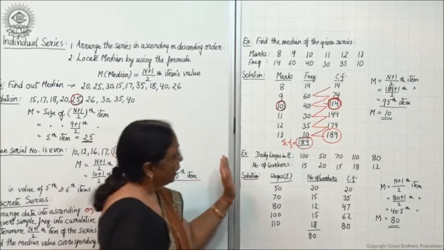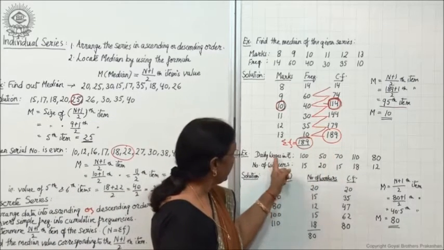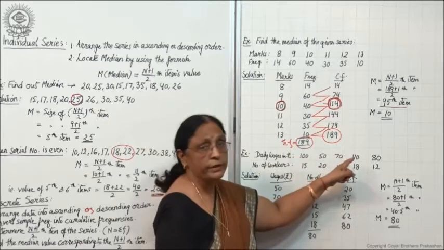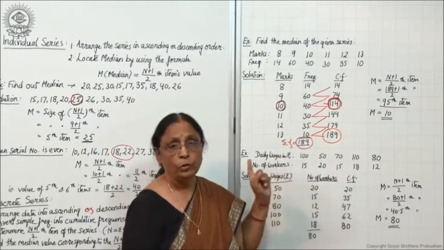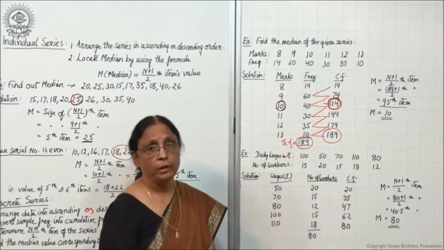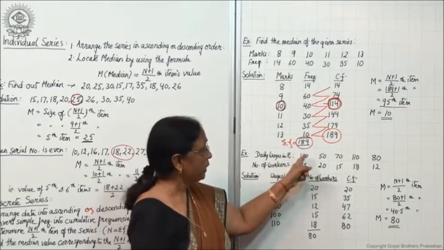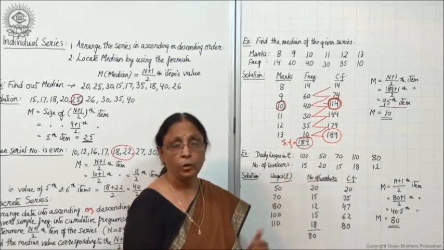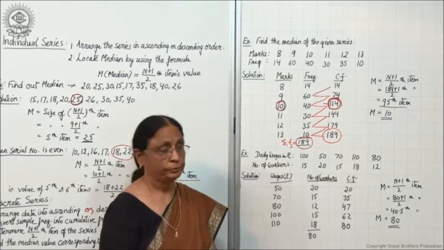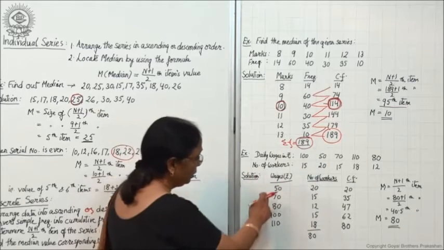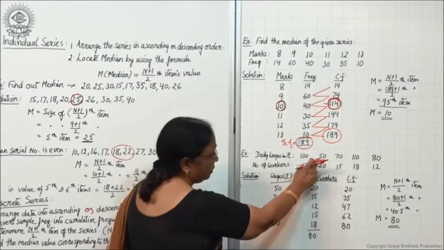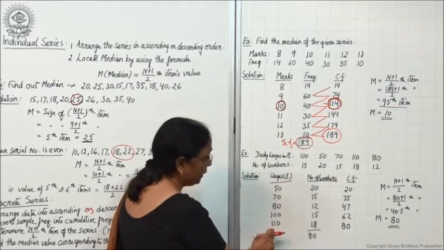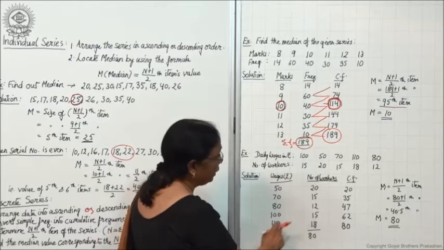Now at a glance you will see that the wages are not arranged in a proper order. So what will be the first step? First you will arrange the data either in ascending or descending order. Here when you are making the wages column, arrange it in ascending order.